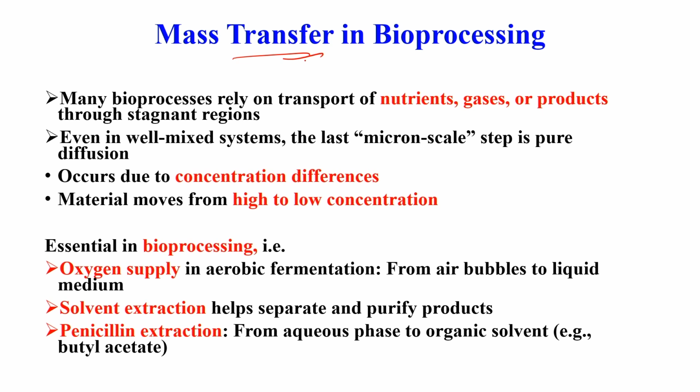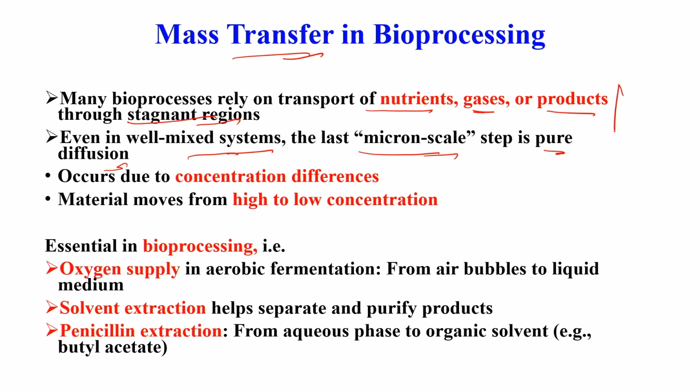In the bioprocess, there is transport of nutrients, gases and product. It may be through the stagnant regions, it may be through the well mixed region. And even if you see the well mixed system, the last step is governed by pure diffusion.